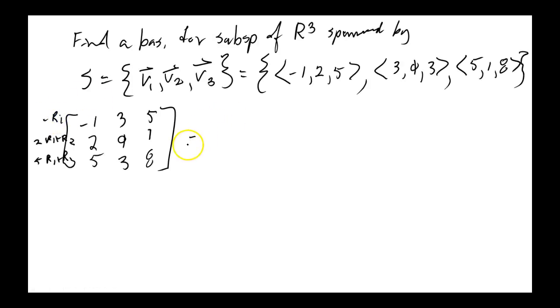Okay. Alright, so we end up with 1, -3, -5. Then 0, 6, 11.